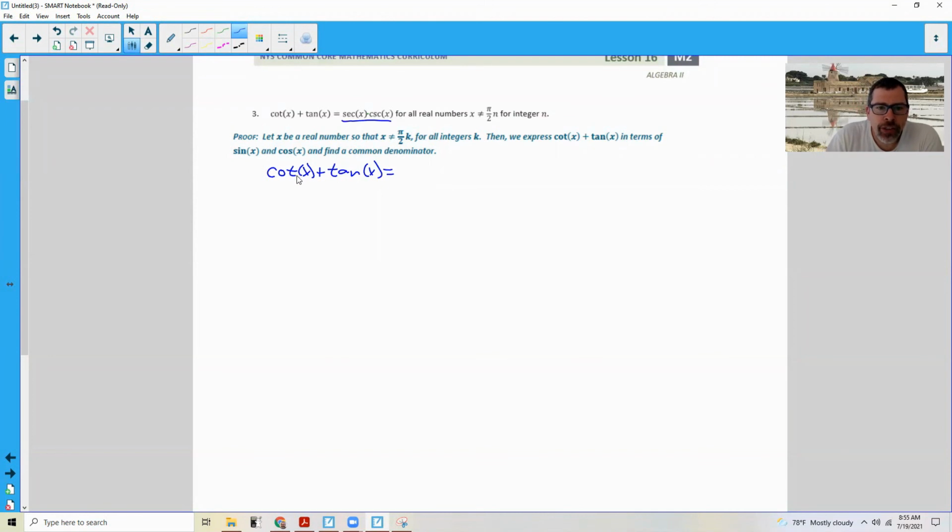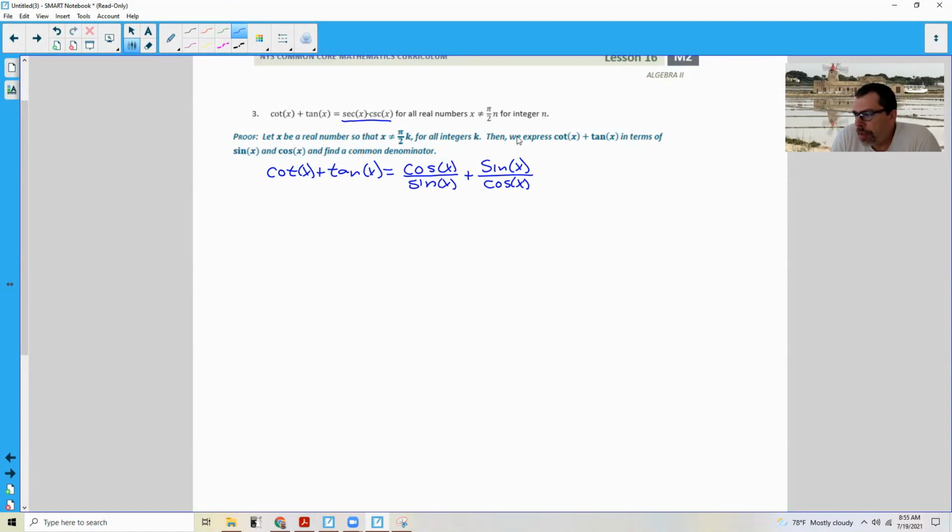Cotangent x is the inverse of tangent, and tangent is sine over cosine. So cotangent is cosine of x divided by sine of x plus tangent, which is sine of x over cosine of x. So that's the first thing we do: we take cotangent x plus tan x and rewrite it in terms of sine and cosine.